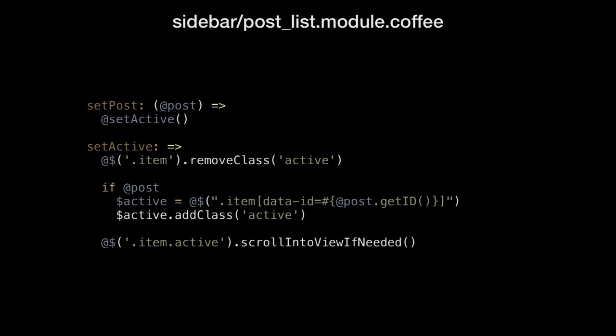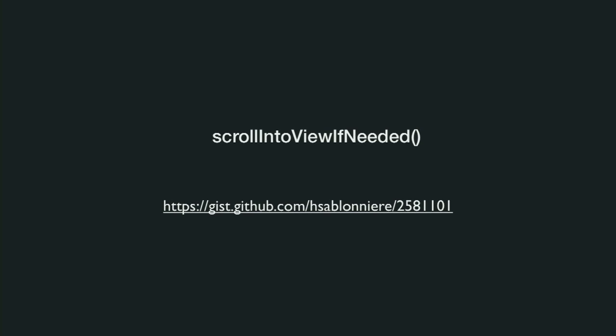And then we've got this interesting function, scrollIntoViewIfNeeded. Now, what exactly does that do? Well, it's actually a little-known WebKit function. It's on elements inside WebKit. And it does what it says on the tin. So in this case, I've actually abstracted it to a jQuery plugin, but it's actually just a method on DOM elements.